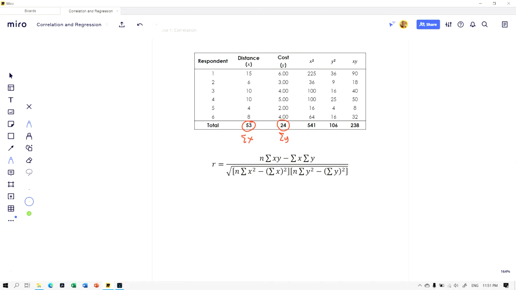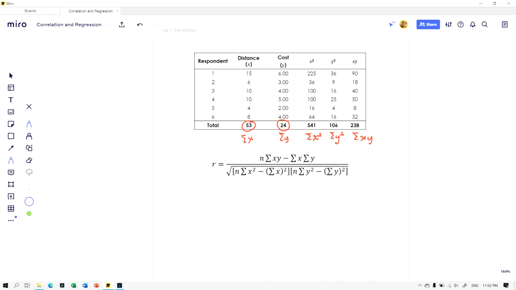And then the fourth column is x squared, and this value is your sum x squared. And this column has a total of 106, which is the sum of y squared. And for the last column, for the column of xy, the total is 238, and the total is actually the sum of xy.